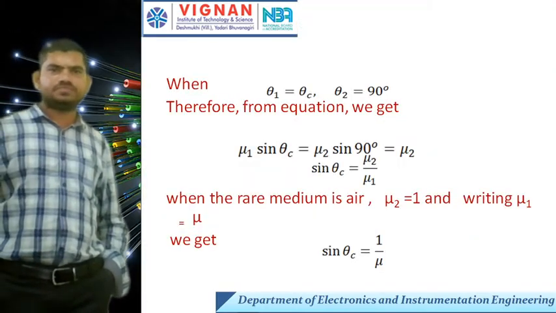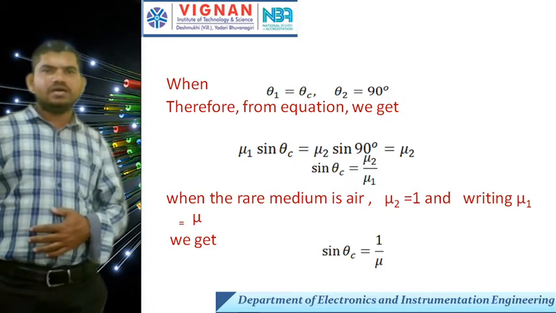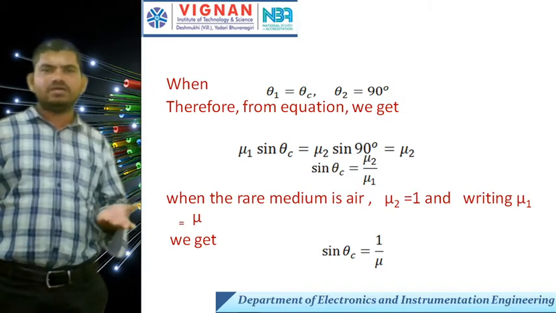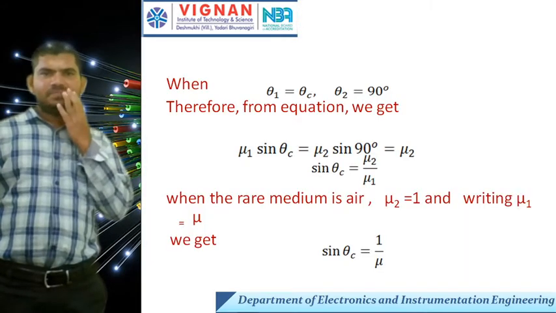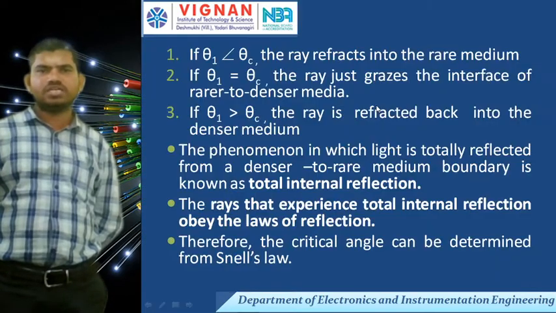Next, I will discuss how we calculate the critical angle from Snell's law. When theta 1, the incident angle, is equal to theta c, the critical angle, theta 2 is equal to 90 degrees.